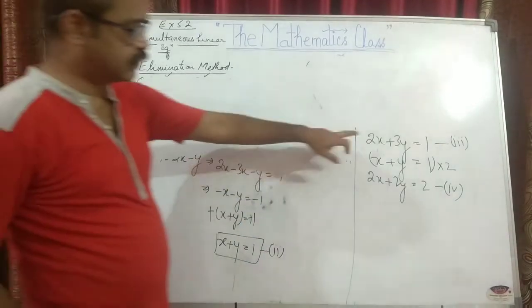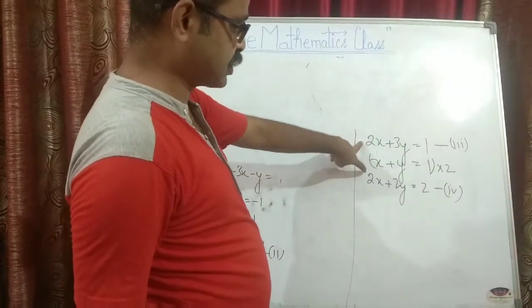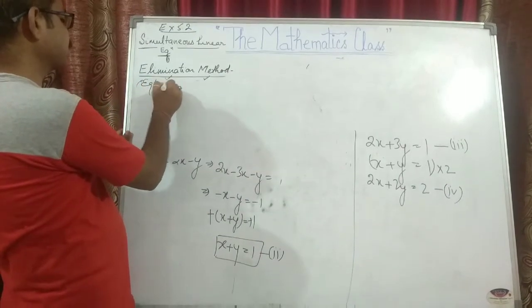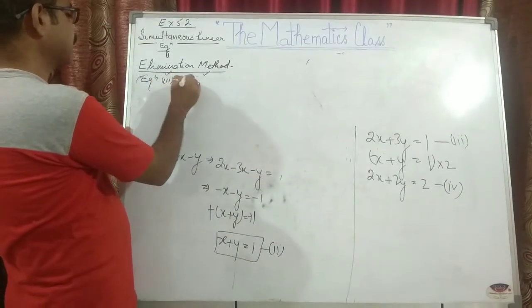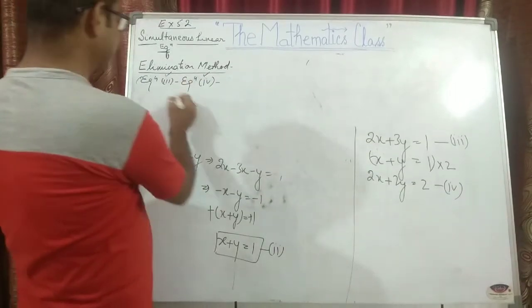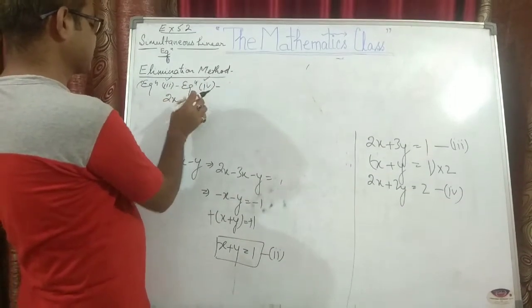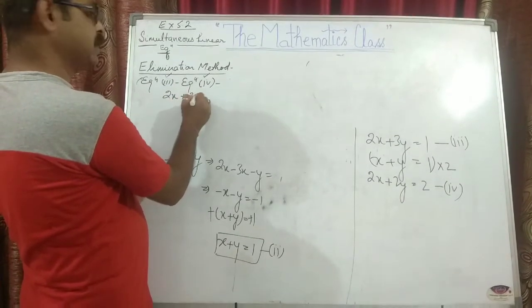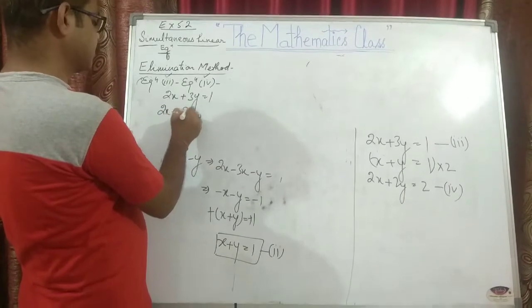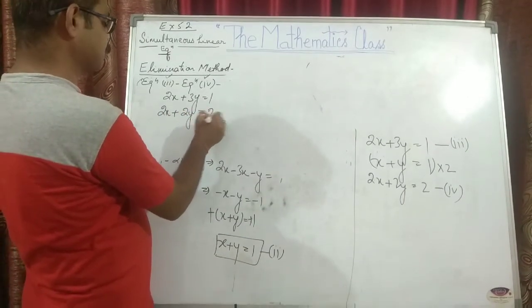Now equation number 3 minus equation number 4. We will get 2x plus 3y is equal to 1, minus 2x plus 2y is equal to 2.